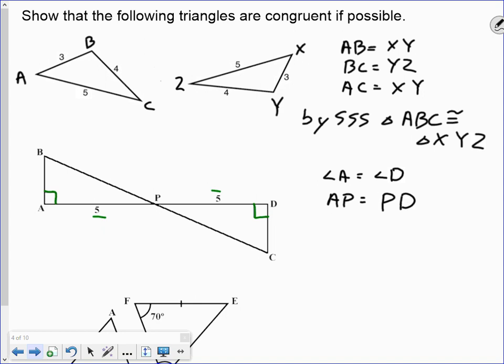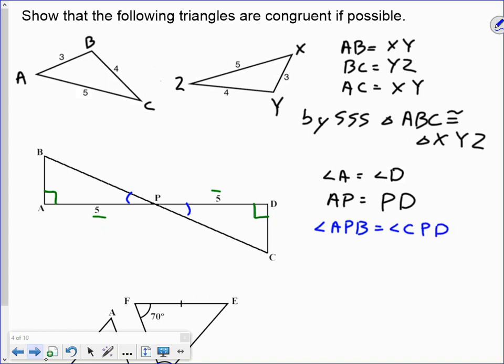Okay. That by itself isn't enough to show that the triangles are congruent. But we also know that this angle here and this angle here are opposite angles. So they're going to be equal to each other. So we can say that angle APB is equal to angle CPD.